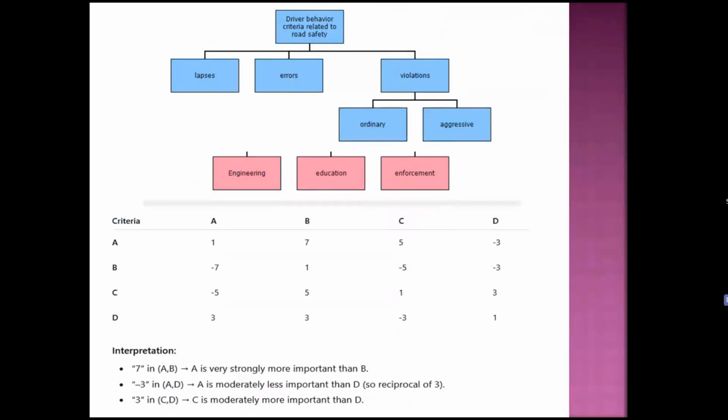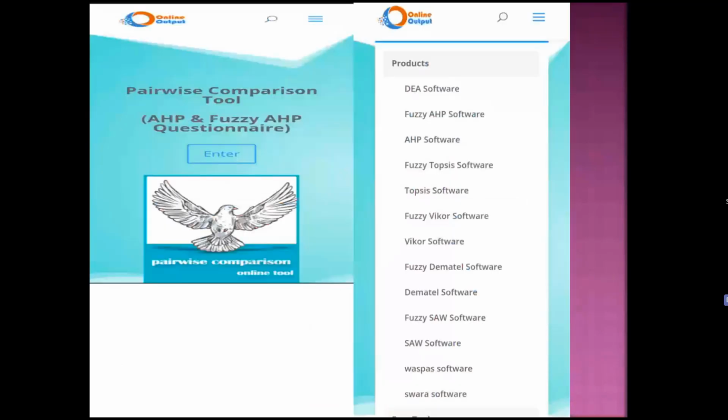Here you can see this is the example. For example, we will perform this on the online software. Its name is Online Output. You can start from your laptops and open this online software, and then we will continue together on how we perform analysis on this.